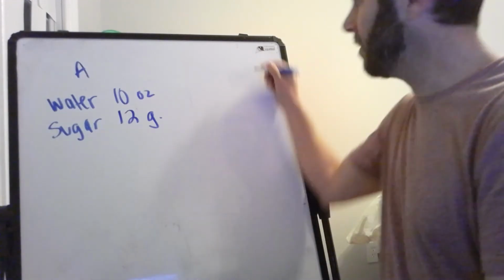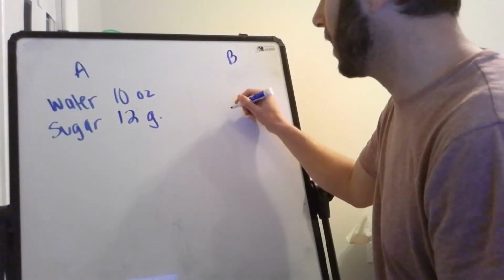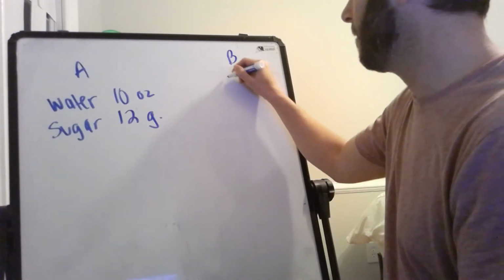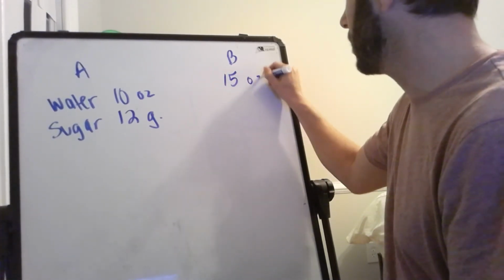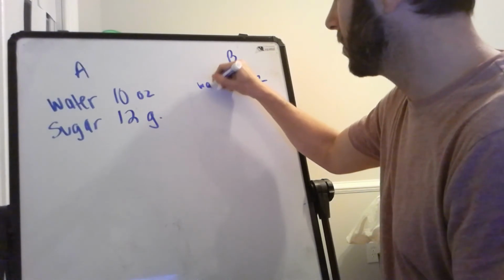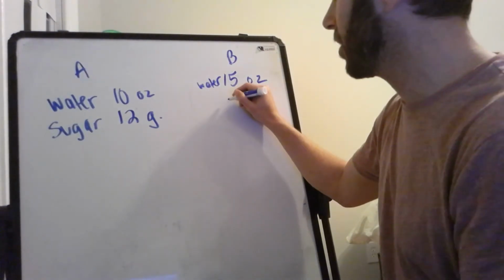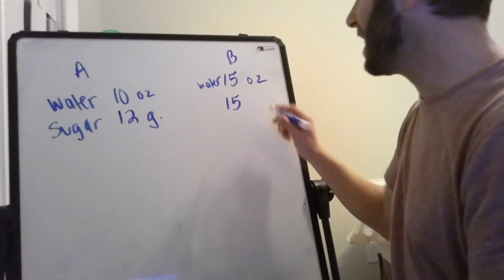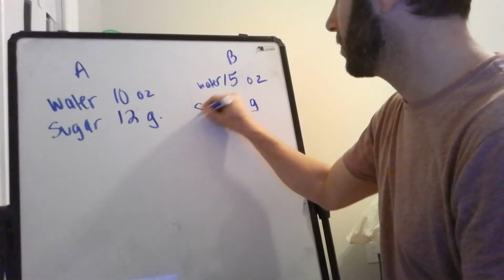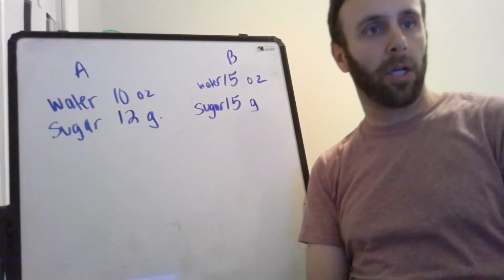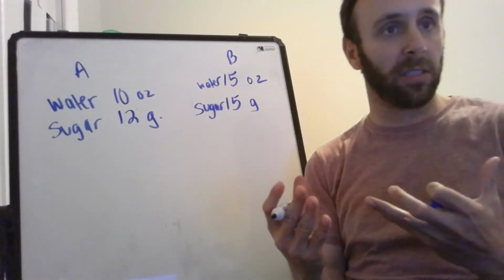For drink B, we're going to say that there are 15 ounces of water. And when you use 15 ounces of water, we're going to say that they use 15 grams of sugar. And the question is, which one is going to taste sweeter?